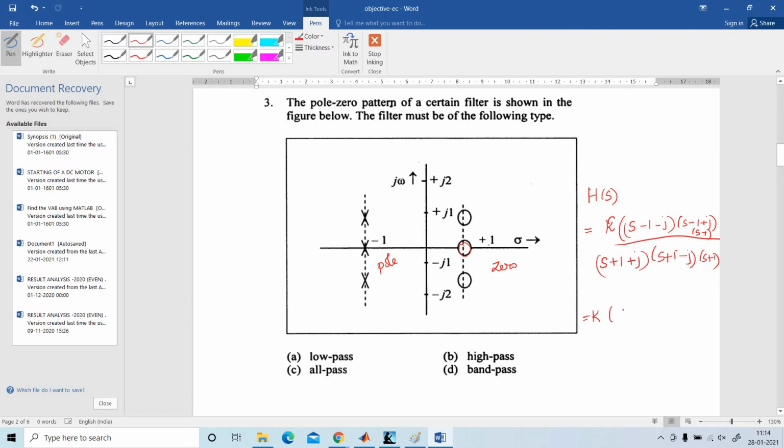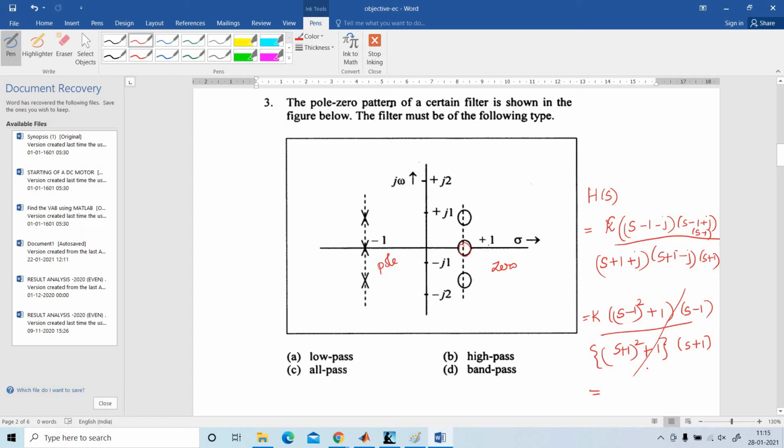So it is equal to K times (S minus 1) the whole square plus 1, divided by (S plus 1) the whole square plus 1. Here there is no need to consider the imaginary term. You have to consider the real term only.